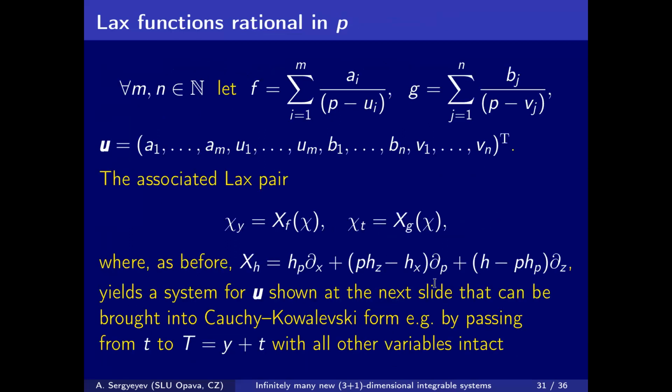Now let's also take a quick look at the second class of Lax functions from the main theorem. These are rational functions of this form. Again, m and n are arbitrary natural numbers.